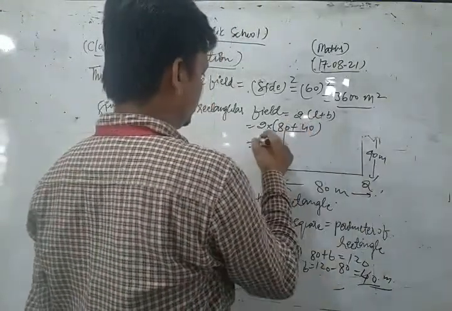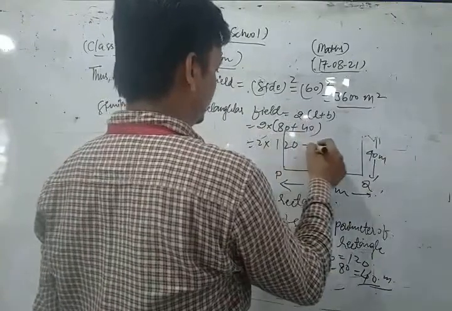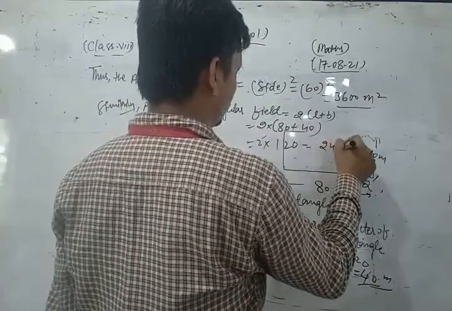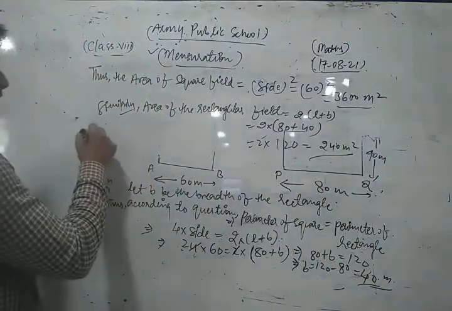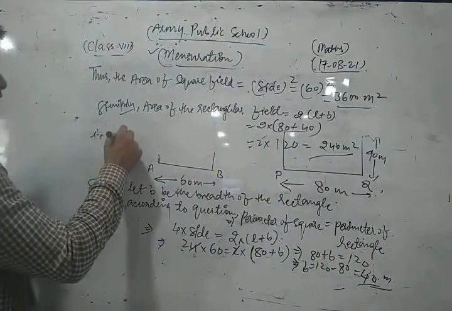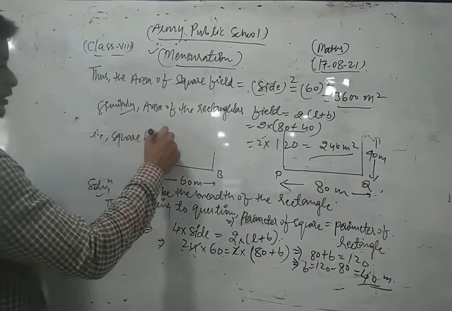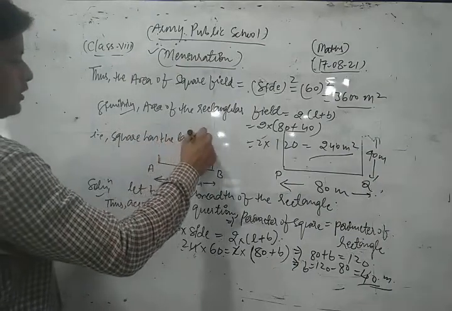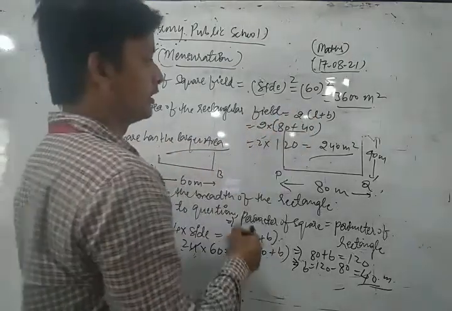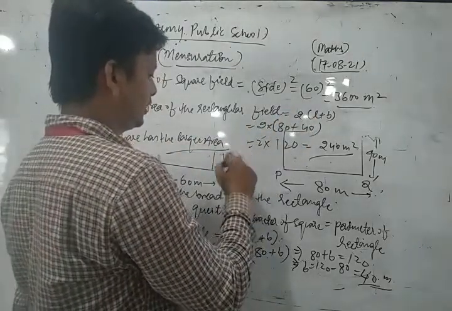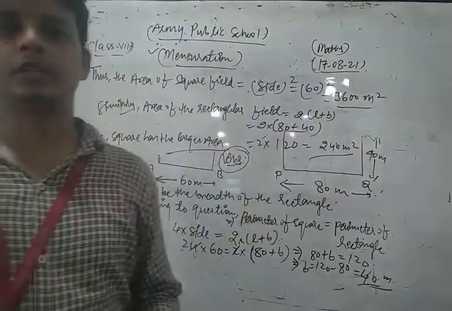So we get 3200 meters square. So in this way, we can say that the square has the larger area, which is 3600 meters square. This is the required answer of the given question.